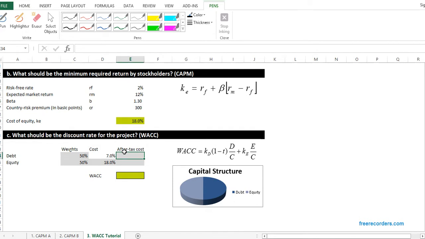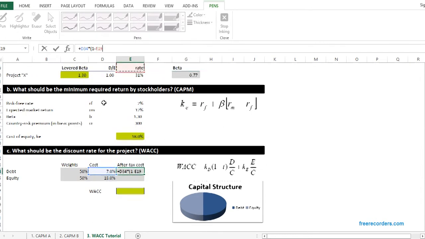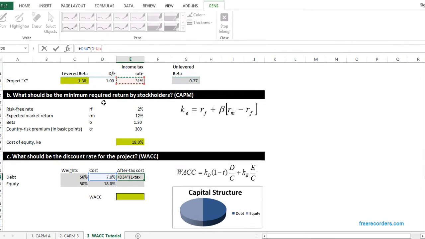So here the after-tax cost of debt is 4.8, which is of course smaller, cheaper than the 7% cost of debt. This is due to the tax shield on debt.